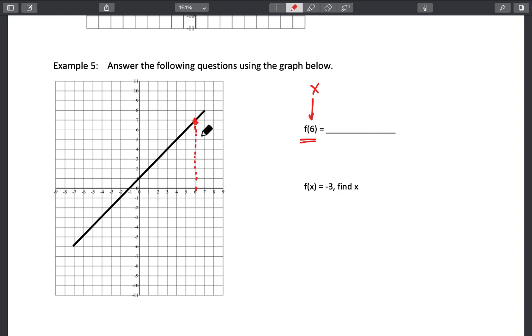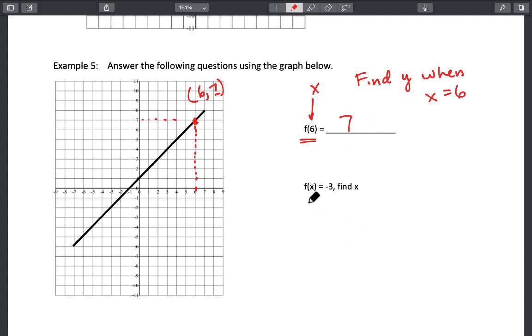Well, that point is 6 over and 7 up. And it wants to know what the output is when the input is 6. So this is basically asking you to find y when x equals 6. And the y coordinate there is going to be 7. We can see that by tracing that back over here to the y-axis. So my output, when my input is 6, my output is 7.